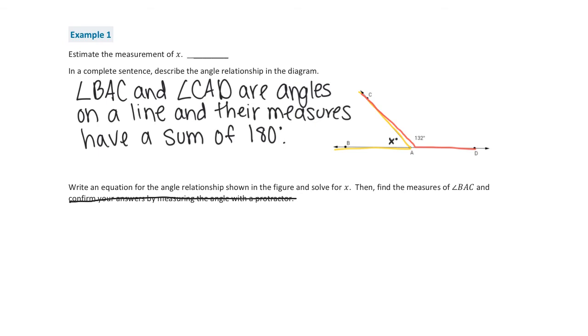So first of all, I know that I have X, and I'm going to add X to 132, because these are the angle measurements that are given to us. To find X, I know that both of these equal 180 degrees. So now what I need to do is get X by itself. I'm going to subtract 132 from both sides.